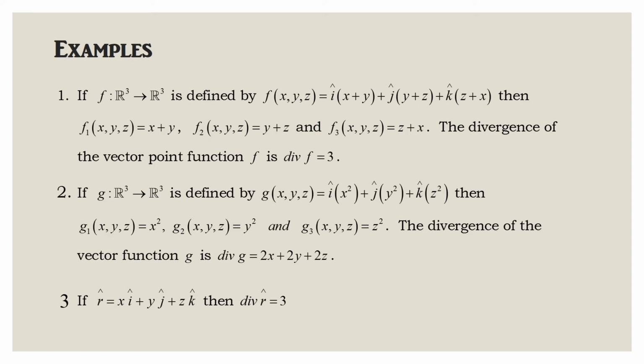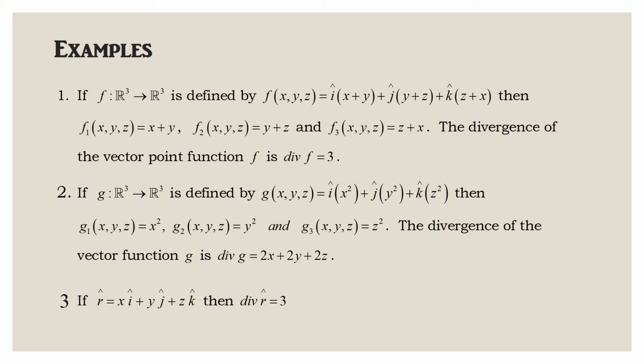In this example, if we find the partial derivative of f1 with respect to x, it is dou f1 by dou x equals 1. If we find the partial derivative of f2 of x, y, z equals y plus z with respect to y, it is also 1. So, dou f2 by dou y equals 1.